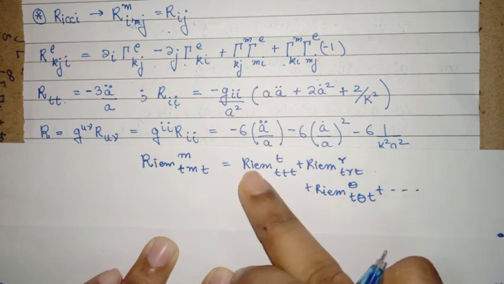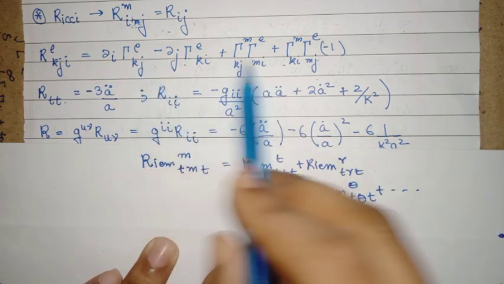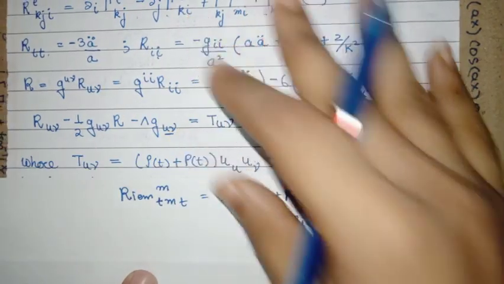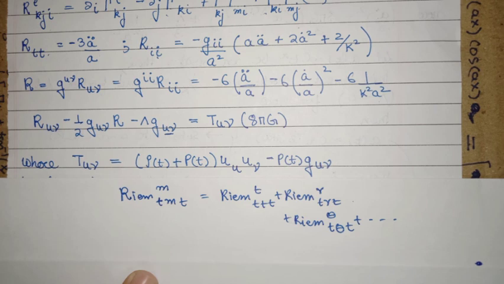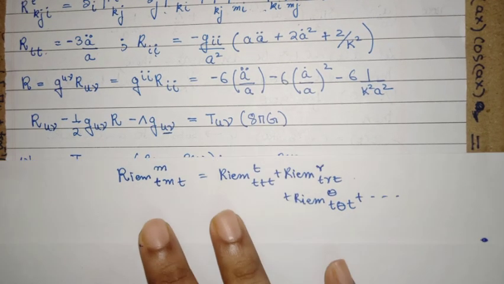So you are summing over the central index of the Riemann tensor. These are just calculations. They are definitely a bit tedious to do, but anyway, it has to be done.